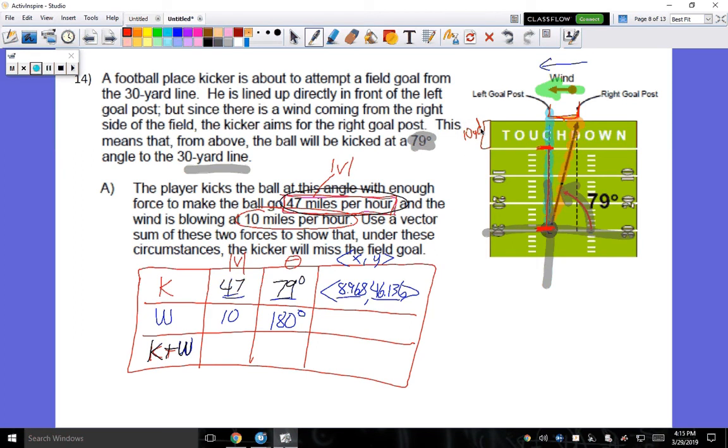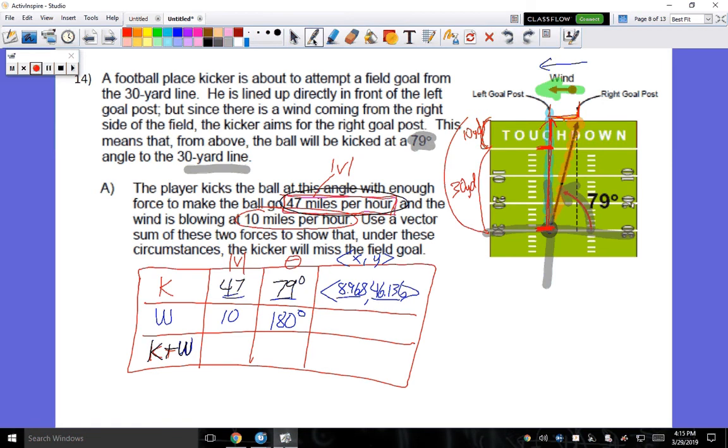So the kicker has to kick the ball a total of at least 40 yards straight. So it definitely looks like the leg is there, because this person's kicking it at that y value of 46, which is 6 yards more than what is needed. So far so good on that.